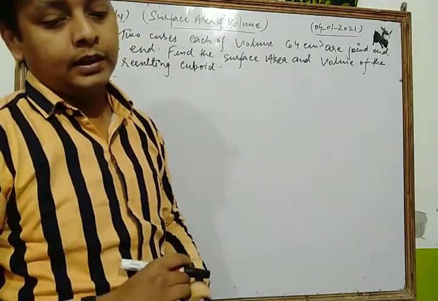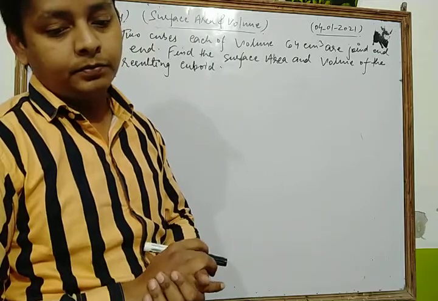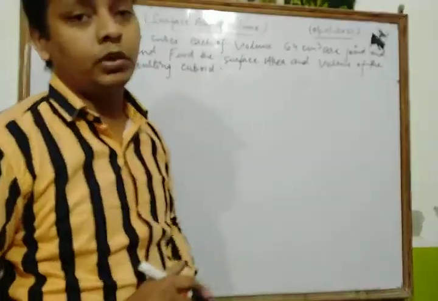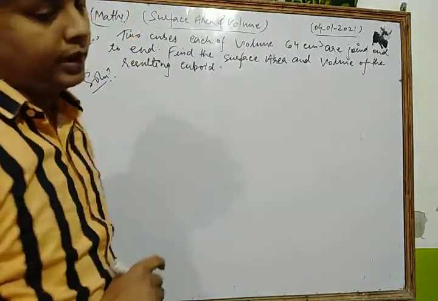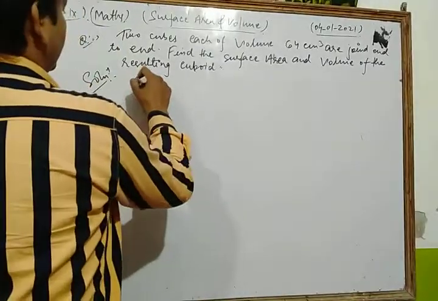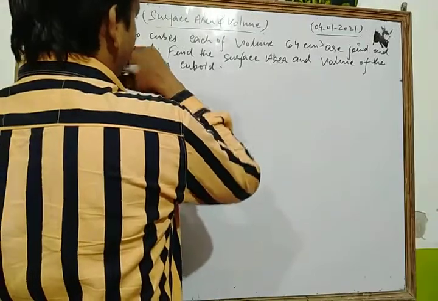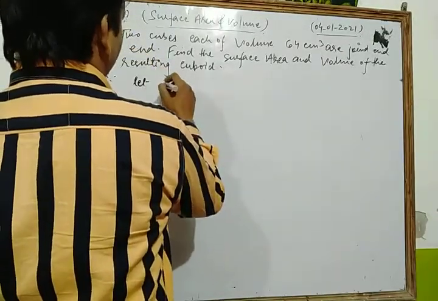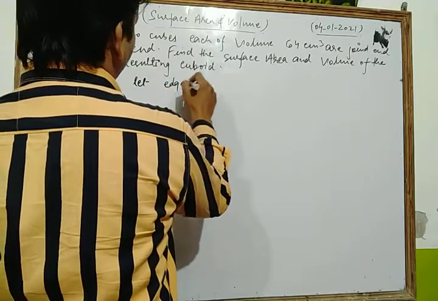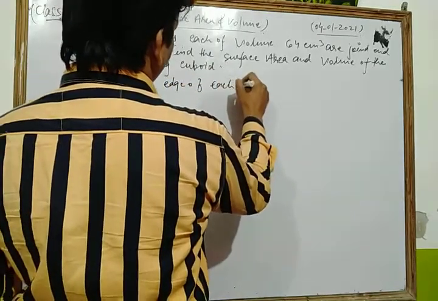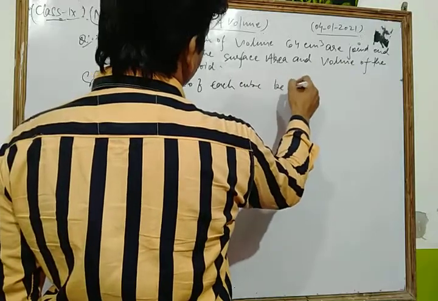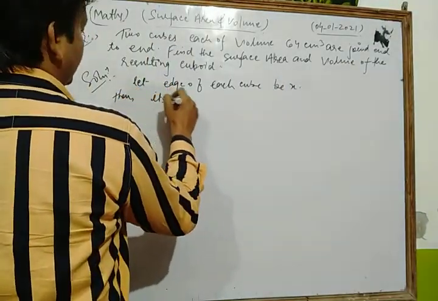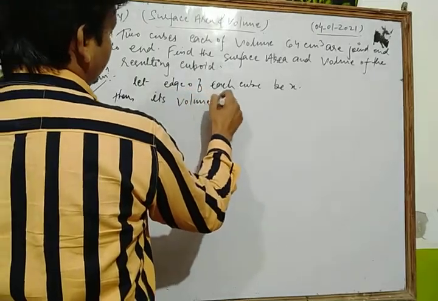First of all, let the length of each edge of the cube be x. Then its volume will be what?